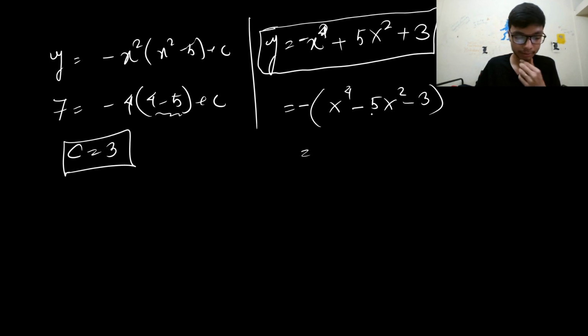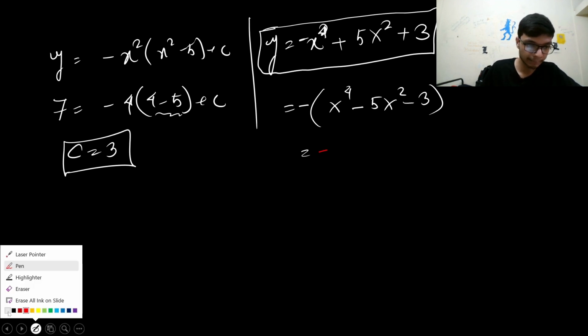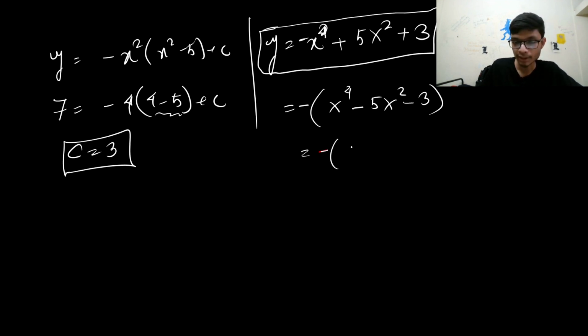So from here you will get to the results. If you see this particular thing, by clubbing or making it square, it will become something like minus times of x square minus 5 by 2 whole square, then you basically add plus of 25 by 4, and if we add plus of 25 by 4, then our responsibility is to also subtract 25 by 4.